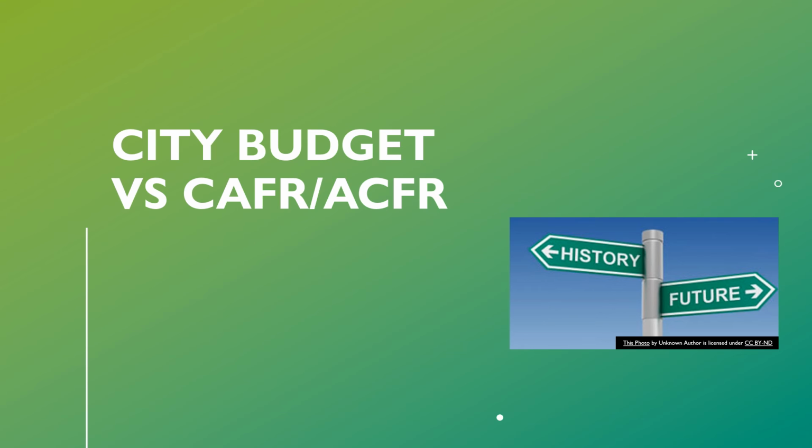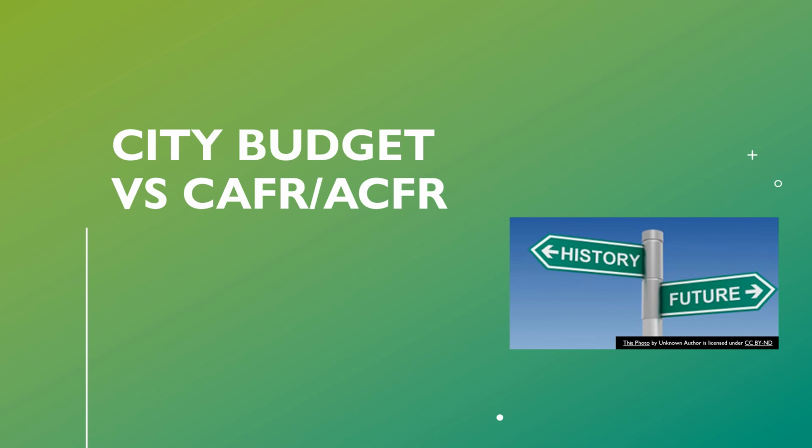The city budget versus the CAFR and the ACFR. The city budget is looking into the future, the next fiscal period, and it's usually up to the next year. Sometimes it goes a little bit further depending on the city, and it's showing how they're planning to allocate the revenue to be spent.